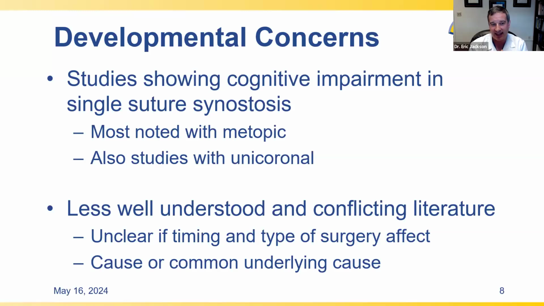So that would say that an early intervention may have more of a benefit than a late intervention. But we don't necessarily have good literature to document that. To truly show that, you would probably need twins with synostosis, and you treated one early and one late and see a difference. And obviously that's a study that's never really going to happen. So we're kind of reliant more on just comparing across groups.